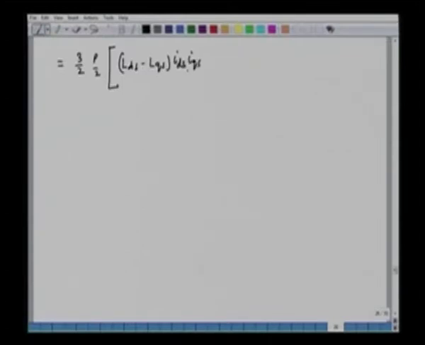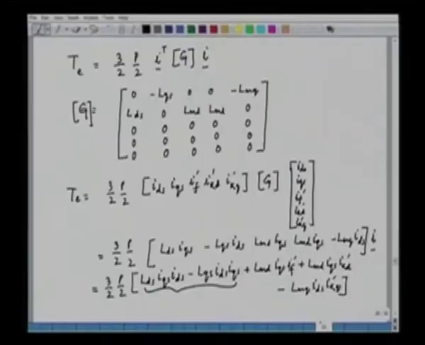Now, this is called term 1. And this torque is called the reluctance torque, because this torque is a function of LDS minus LQS. So, if LDS minus LQS is equal to 0, this torque vanishes. And the second term we can take as LMD into IQS IF prime.